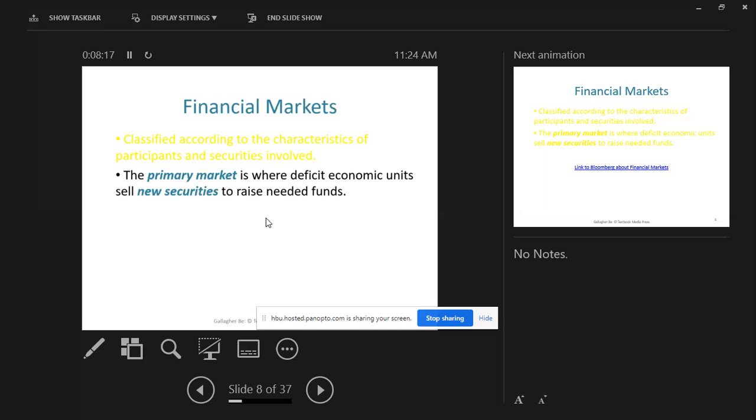IPO is from 0 to 1. SEO is from 1 to 2. They already have stocks and want to issue more stock, but all that is still new securities. So that's the primary market.